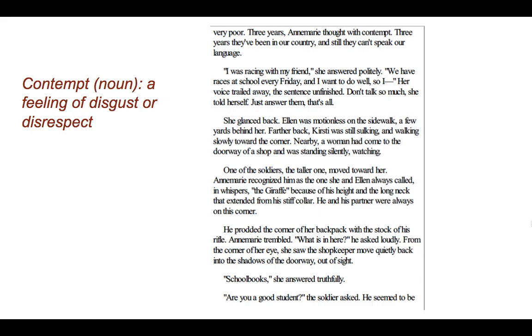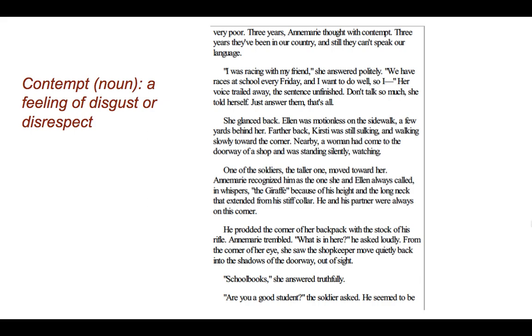"Three years," Anne Marie thought with contempt. "Three years they've been in our country and still they can't speak our language." "I was racing with my friend," she answered politely. "We have races at school every Friday, and I want to do well, so I..." Her voice trailed away, the sentence unfinished. "Don't talk so much," she told herself.